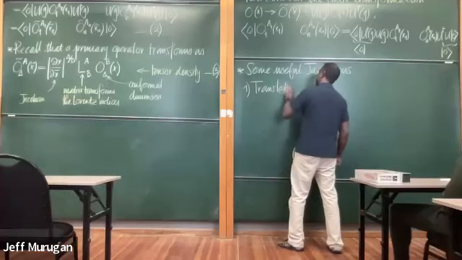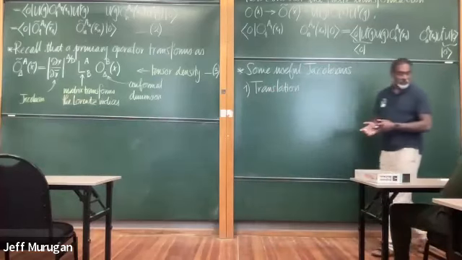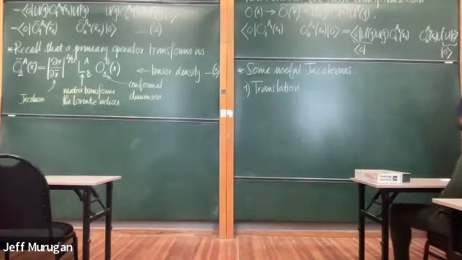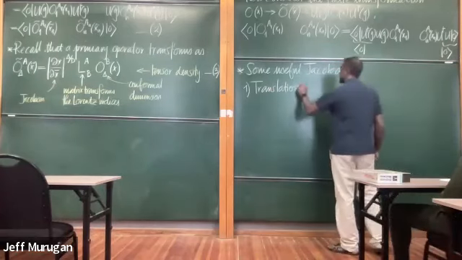I'm not going to prove these. We've proved the one for dilatations before. The rest followed in the same way. But we're going to need these, so I'm going to write them down.